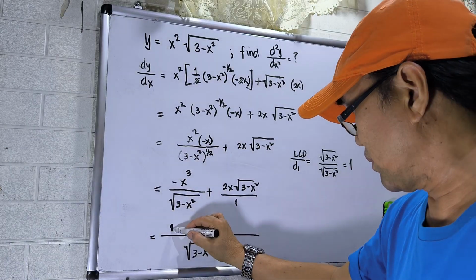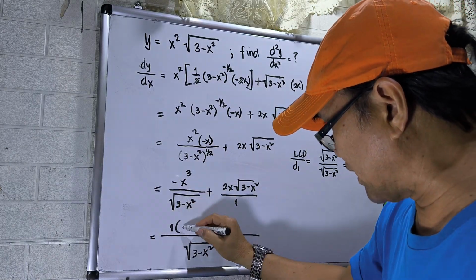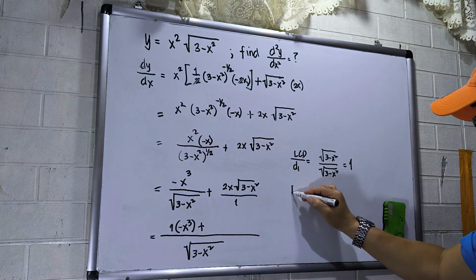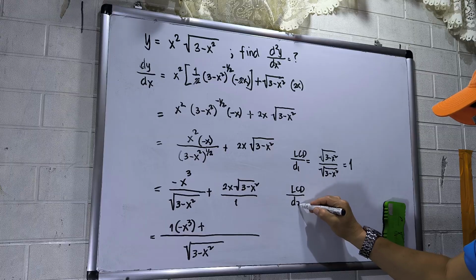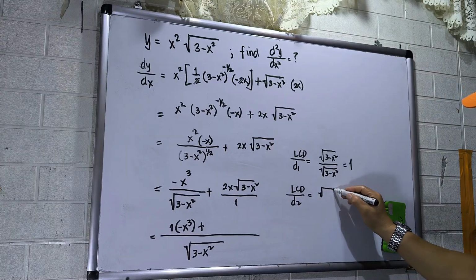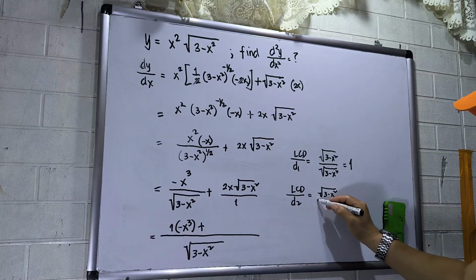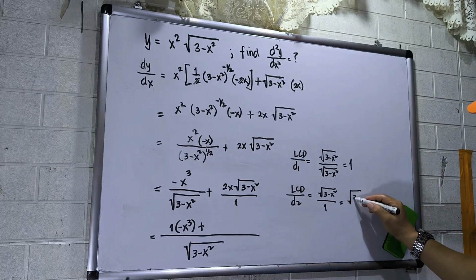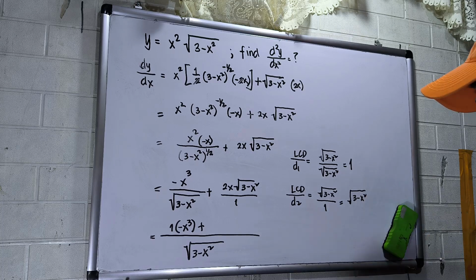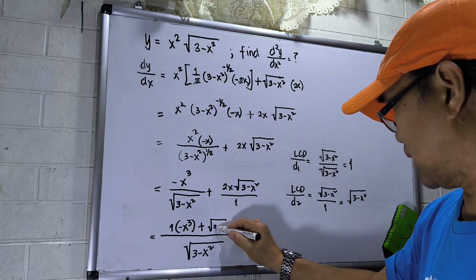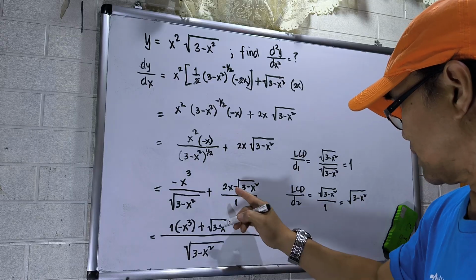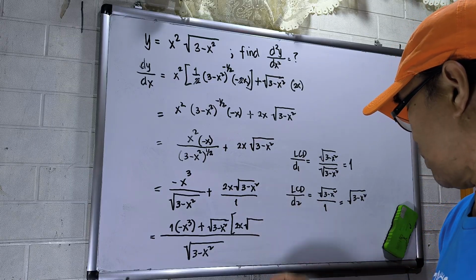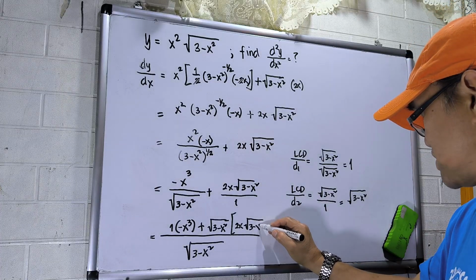So this is 1 times the numerator, negative x cubed. Then plus LCD divided by denominator 2. So square root of 3 minus x squared is divided by denominator 2. That's 1. So I have now square root of 3 minus x squared. So this will be square root of 3 minus x squared times the numerator, this will be 2x, then square root of 3 minus x squared.